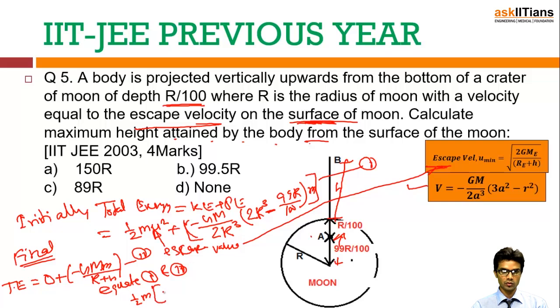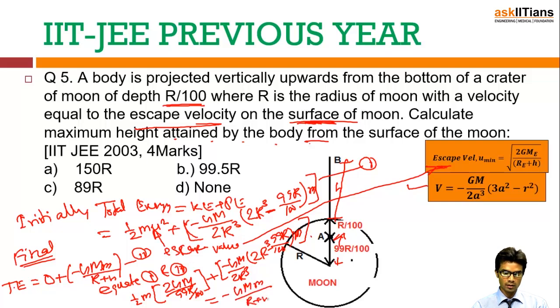Half m u squared, which is 2GM by R, plus minus GM by 2R cube, into 3R squared minus (99R by 100) squared, into m, is equal to minus GM by R plus h.